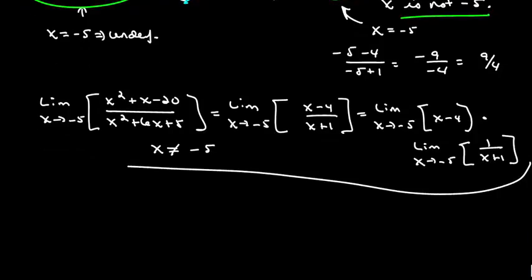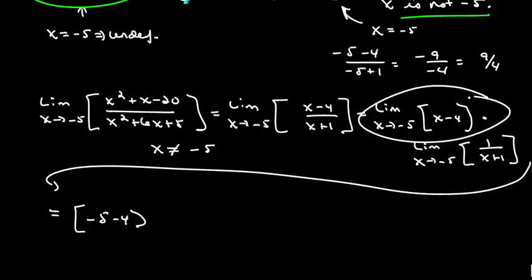And so that is equal to negative 5 minus 4 times 1 over negative 5 plus 1.